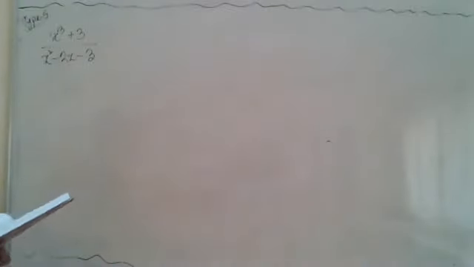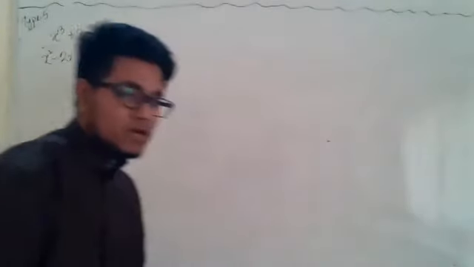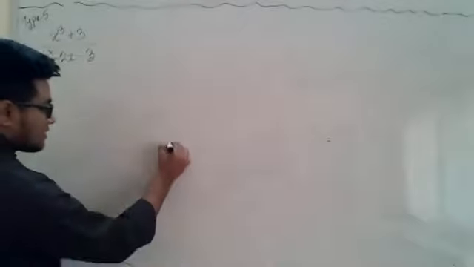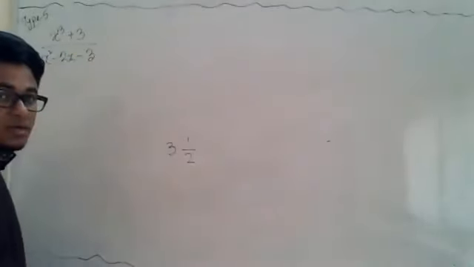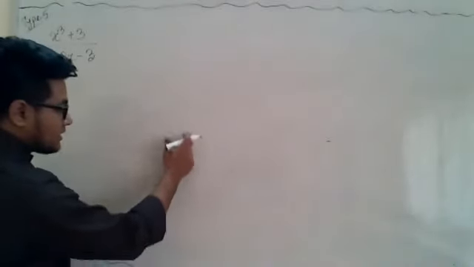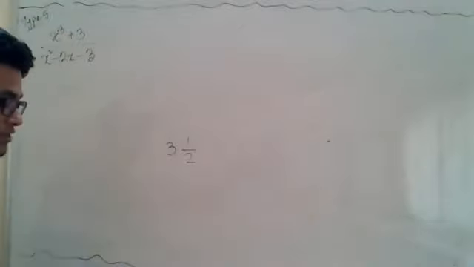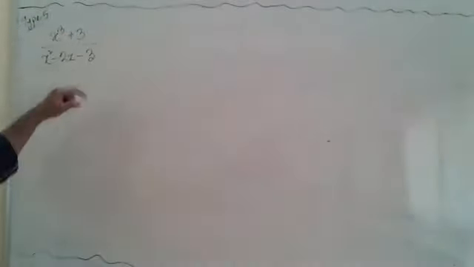An improper fraction can be converted into a mixed fraction, the way I wrote a little while ago, 3 and 1 by 2. A mixed fraction has an integer and a fraction. So at first I have to convert this one also into a mixed fraction.